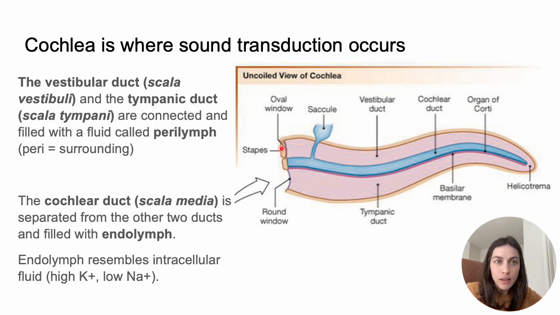So when the stapes, that last small ossicle, is bumping on the oval window right here, it pushes that perilymph. When it pushes that perilymph, it flows in those waves down and around, and then pushes on the round window.